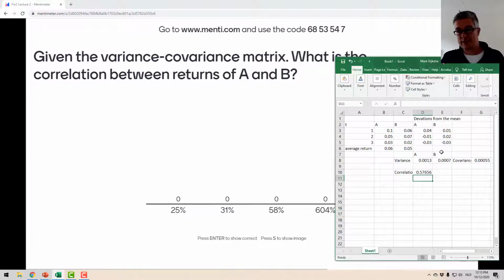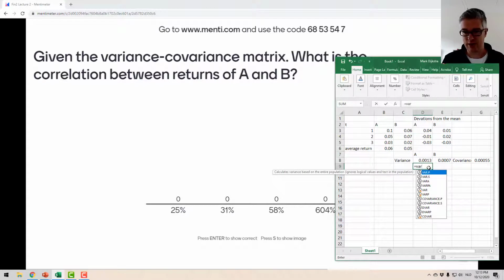One thing that's nice about Excel is that you can also ask Excel to do all the calculations for you. So for instance, rather than calculate all these deviations from the mean, I can simply ask Excel, why don't you calculate the variance for me? Then I have the possibility of using VAR.P or VAR.S.